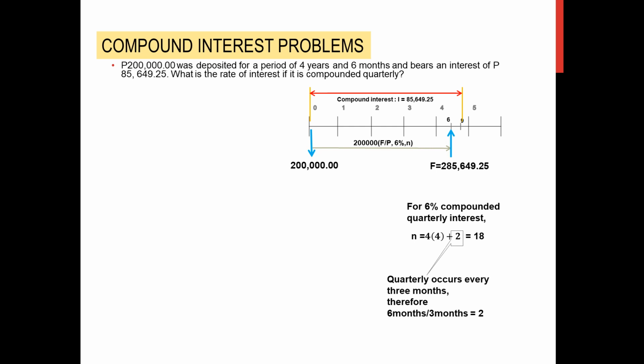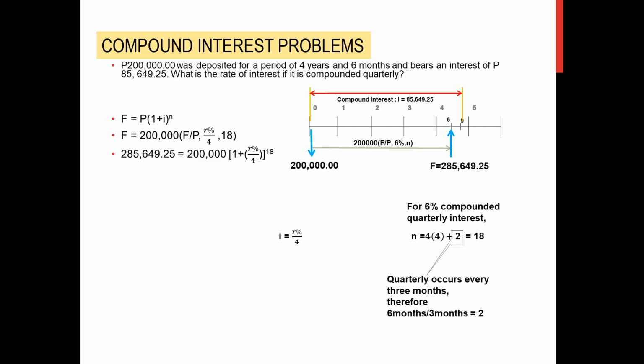Therefore, 6 months over 3 months is equal to 2. So just the same, our percent is divided by 4 because that is occurring 4 times a year. So we now apply the formula F is equal to P times 1 plus I raised to N by substituting also the given here, then the notation.